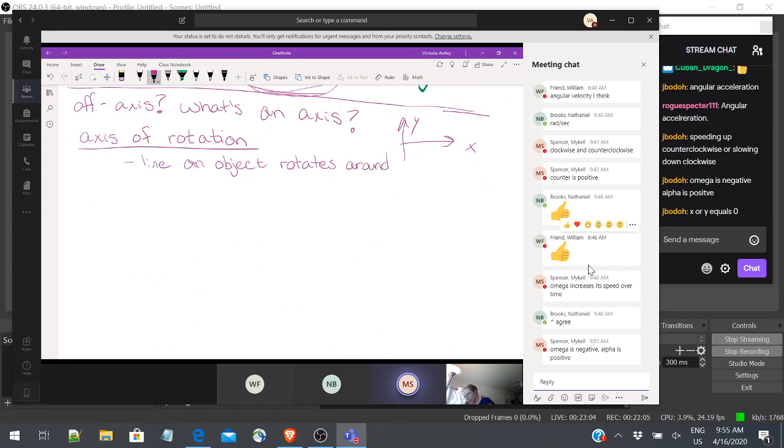So it's like where your omega is, or your v is equal to 0, kind of. It's often very easy to understand. So like a record, the axis of rotation is going to be a line through the center, right?